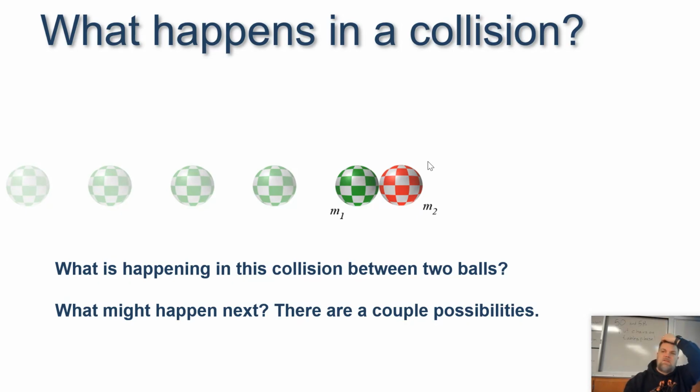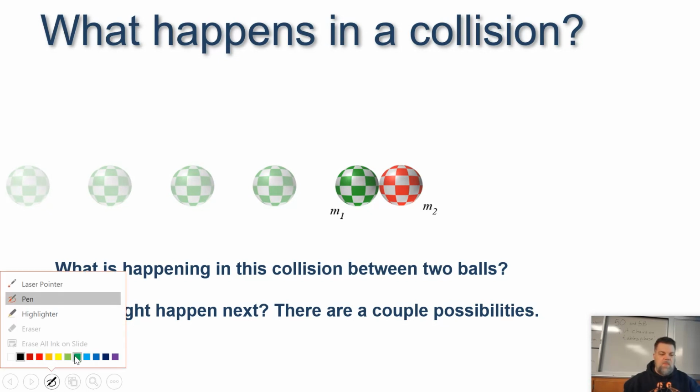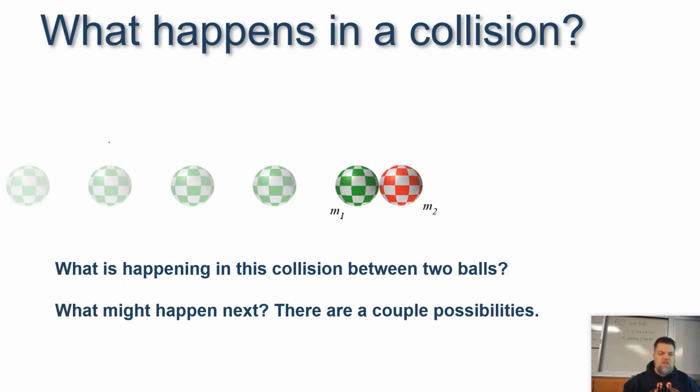Okay, so I don't know if you could kind of pick up, the green ball seems to have some momentum, right? That's why they draw this thing. It seems to have some momentum going this way. But the red ball has momentum, but it seems like it's just sitting still, right?